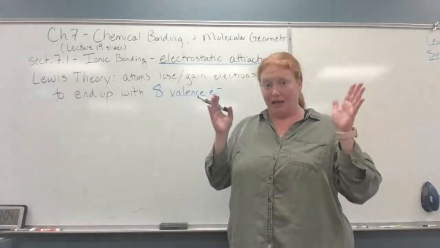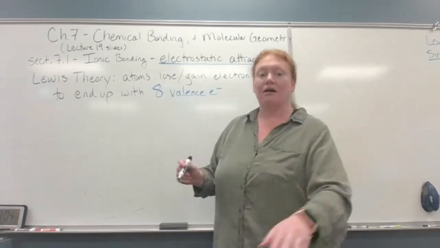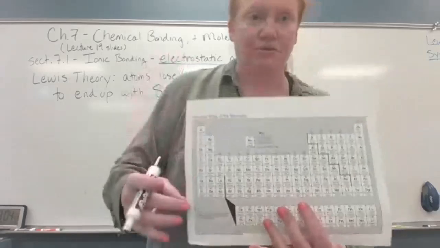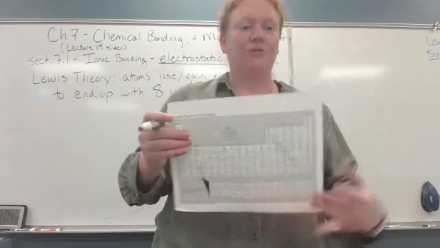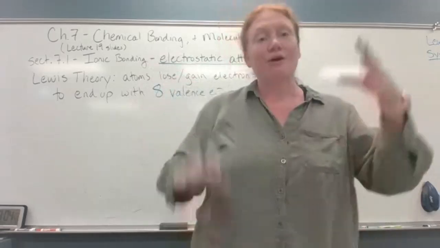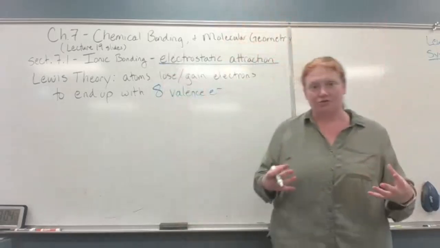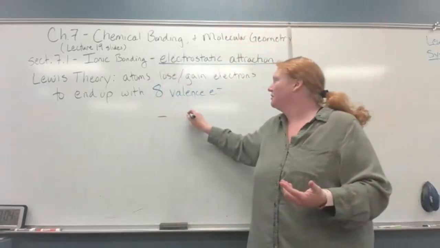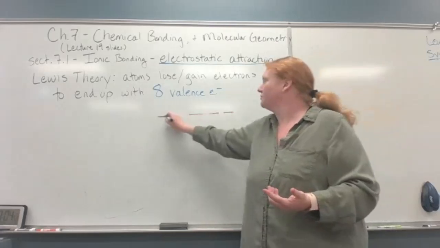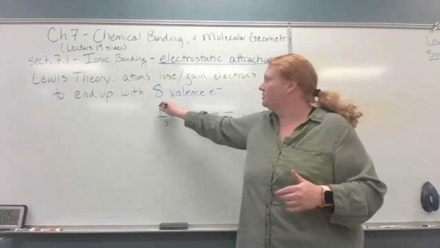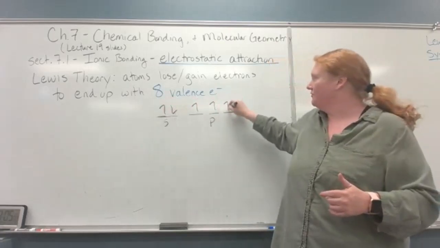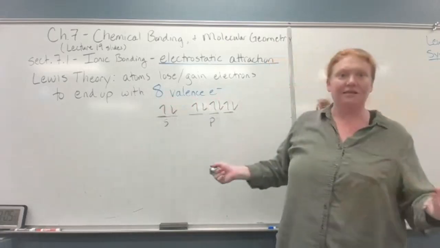If you have a full set of s orbitals and p orbitals, thinking about using our periodic table, how many total electrons do you have in an orbital diagram? There's an s, there's p's, whatever energy level. 1, 2, 3, 4, 5, 6, 7, 8.